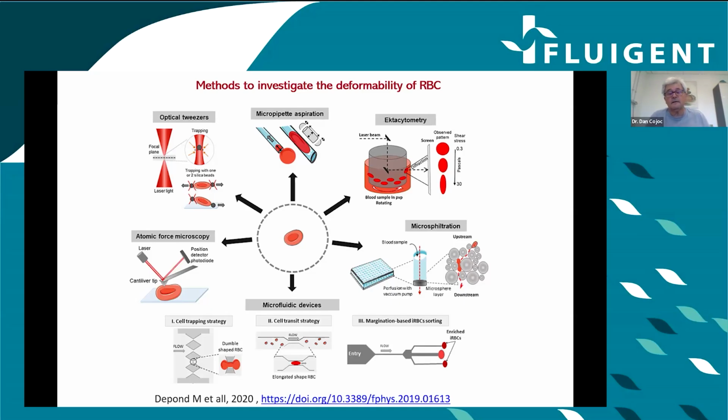Each of these techniques has its advantages and disadvantages, as all the techniques that we use in our research. But the differences mainly consist in the range of forces that can be applied, the throughput, and the possibility to couple them with other techniques of observation.